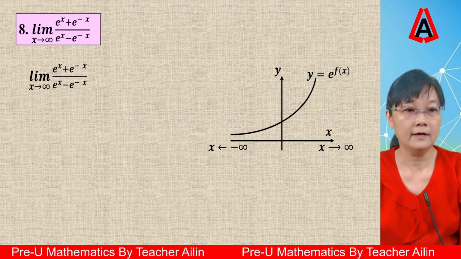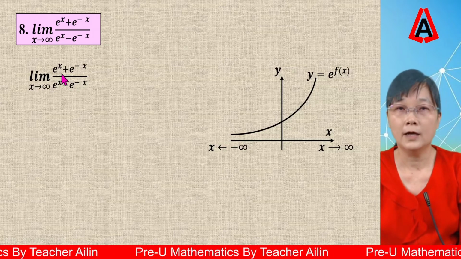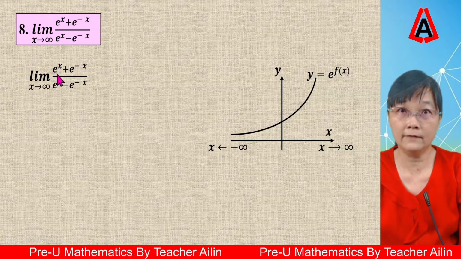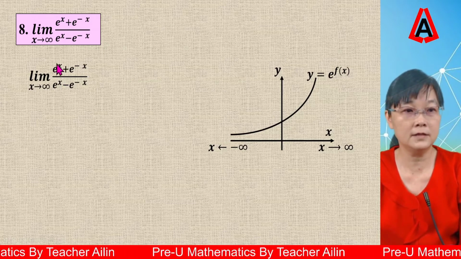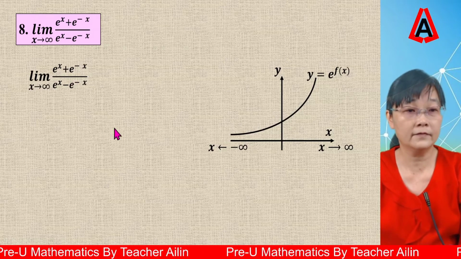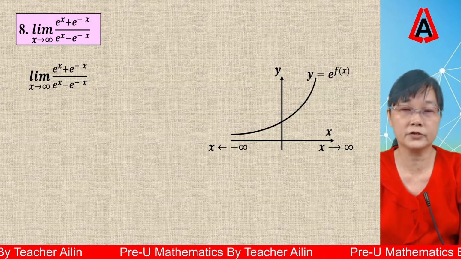To find the value of the limit of this function, I need to cancel the term which causes infinity. Now the term which causes infinity is e power x. To cancel off the term e power x, here I have two options.